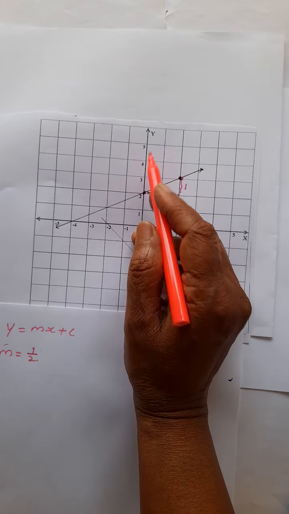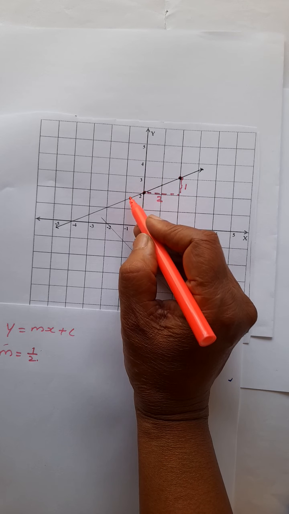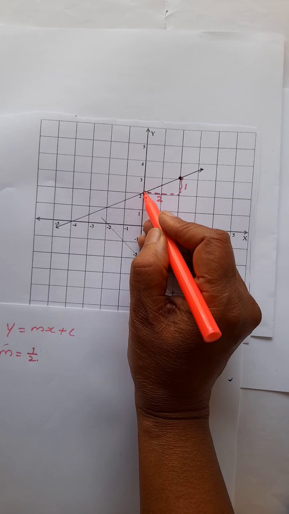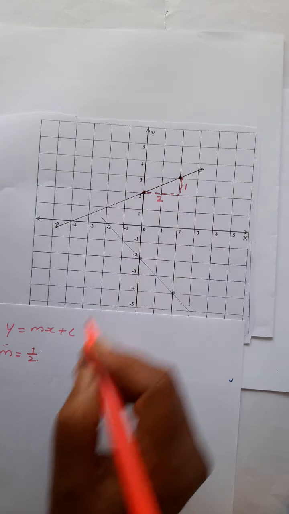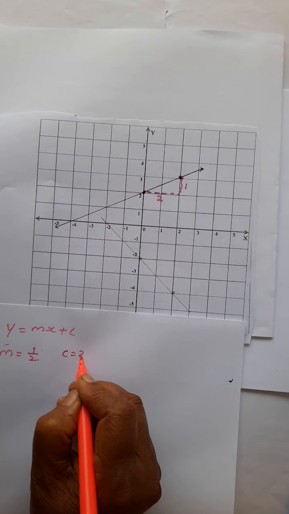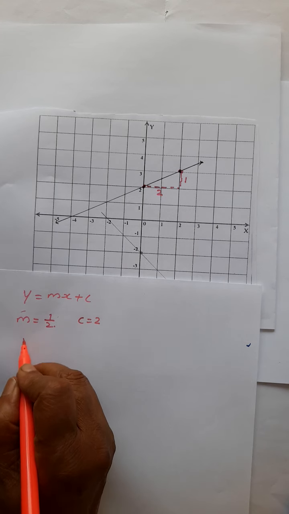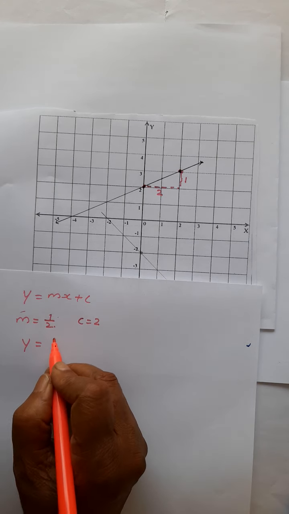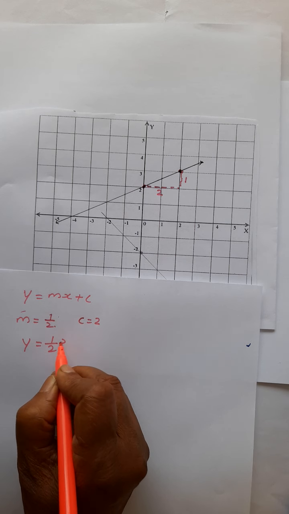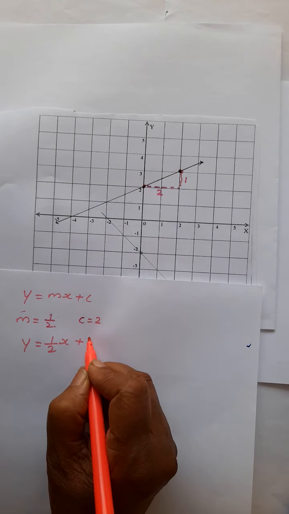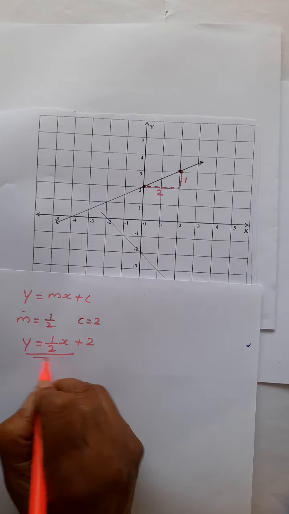The y-intercept is where the graph crosses the y-axis, here. So c is 2. Then just substitute those values into the equation. y is equal to half x plus 2. That is our equation.